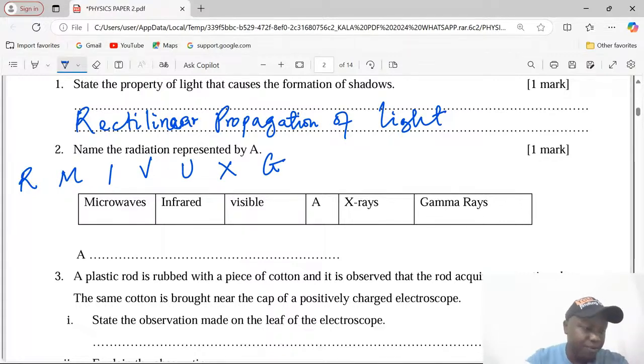There are some acronyms which are used to ensure that students memorize the order of the electromagnetic radiations.